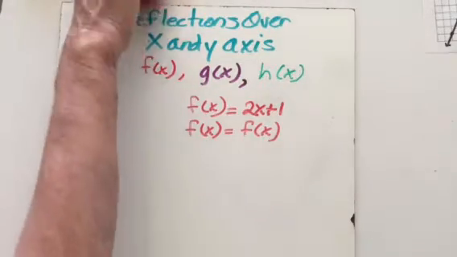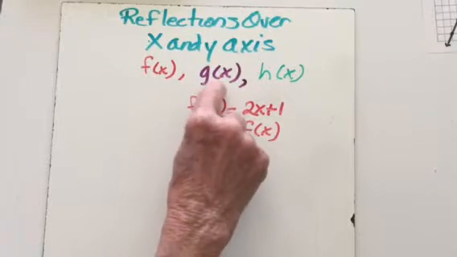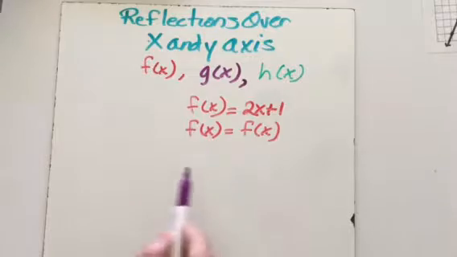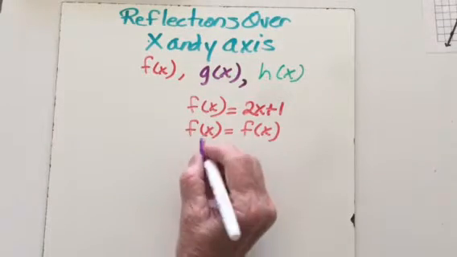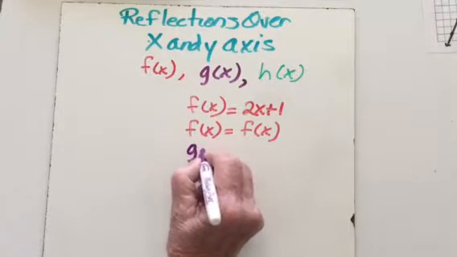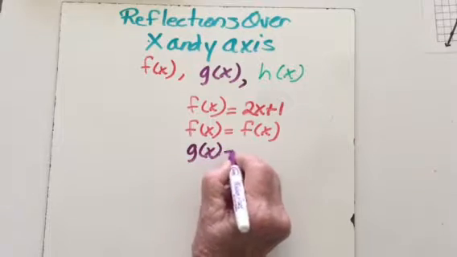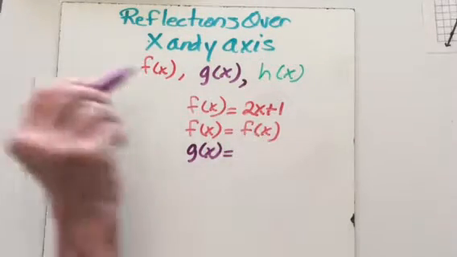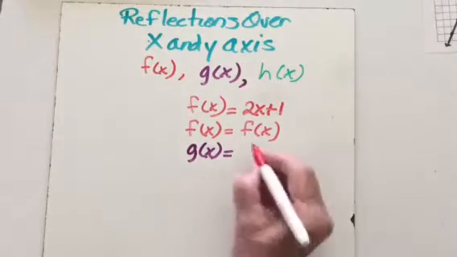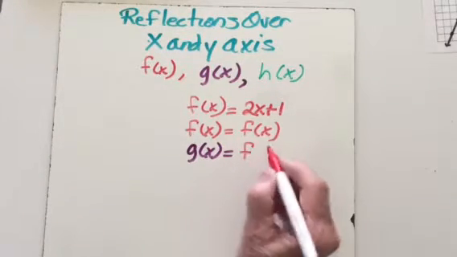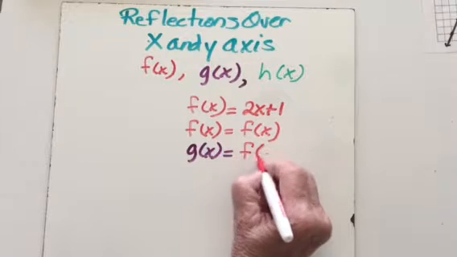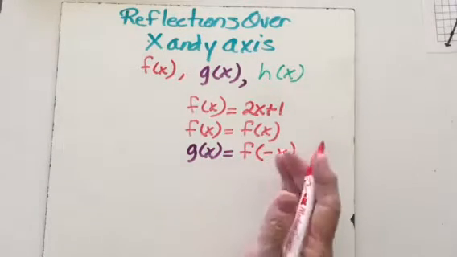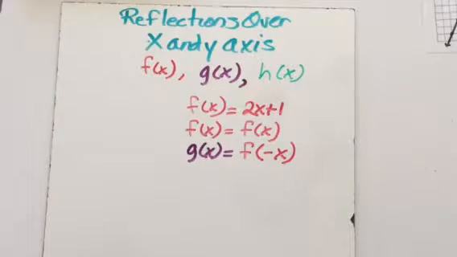So let's say that I want them to be flipped over. Now I'm going to use my purple color. So g of x equals, now I'm going to write my same f of x, but I'm not going to say f of x. Do you know what I'll say? I'll say f of negative x, because I want these now to change to go negative, okay?